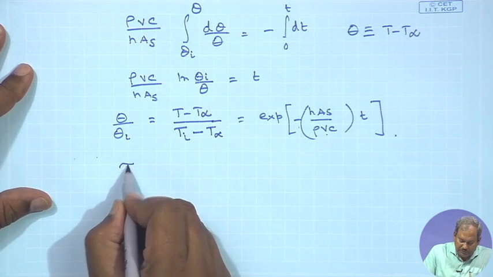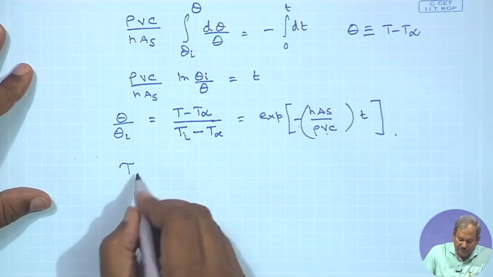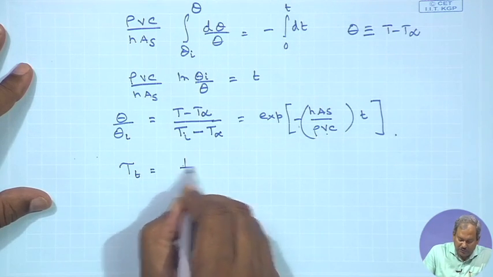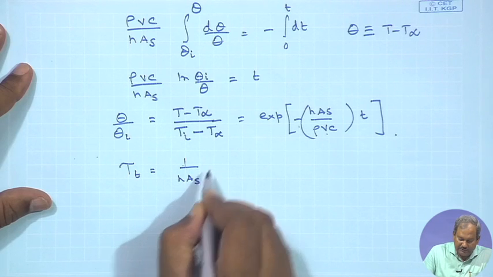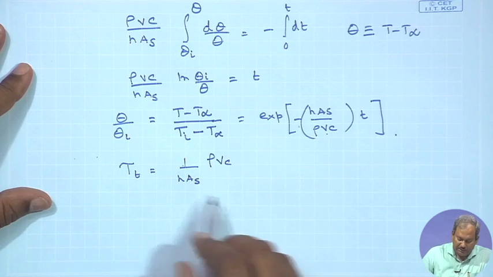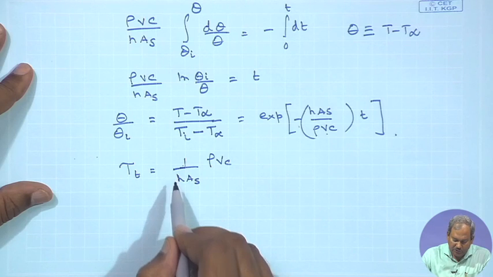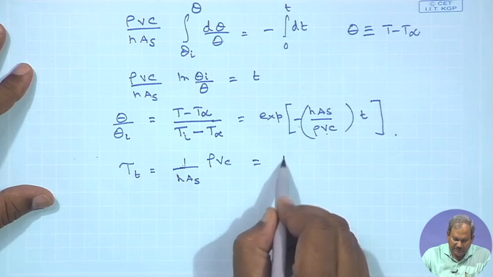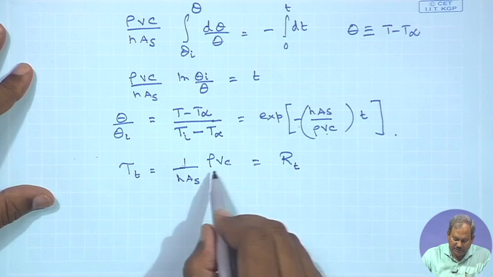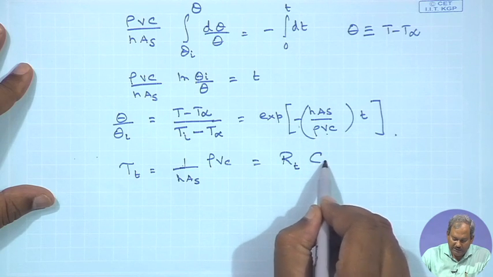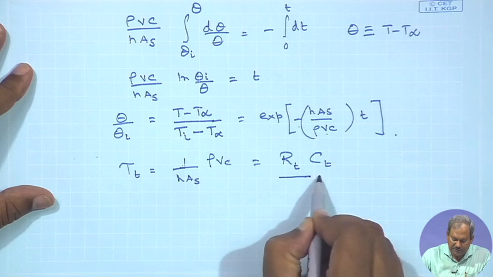So, the time constant of the process can be written as 1 by h A s times rho V C, and as I mentioned before, 1 by h A s is the resistance due to convection, and rho V C is some sort of a thermal capacitance of the system.